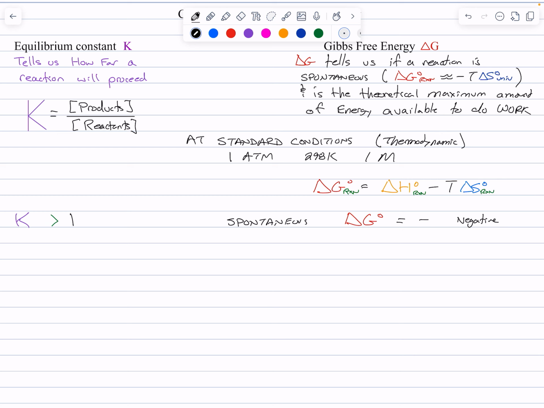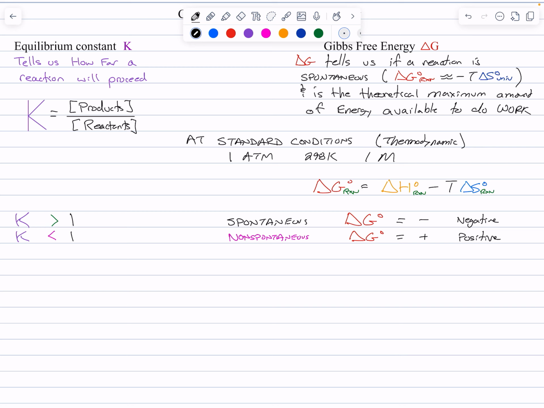If it's non-spontaneous, K would be less than 1 and delta G would be positive.